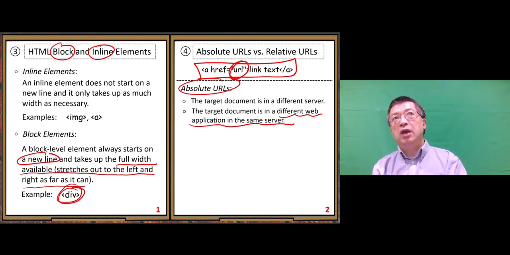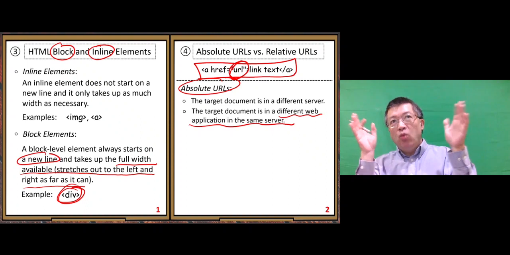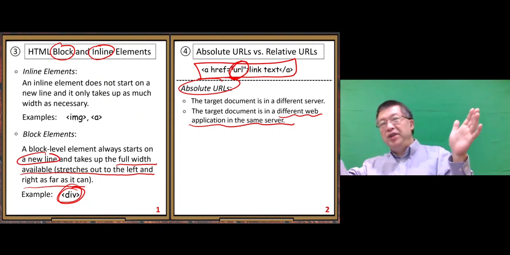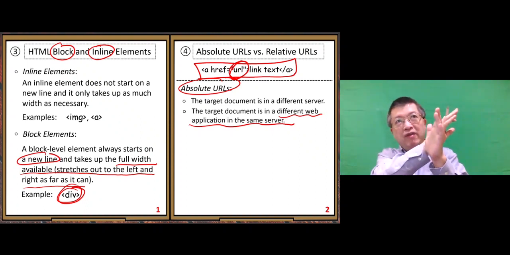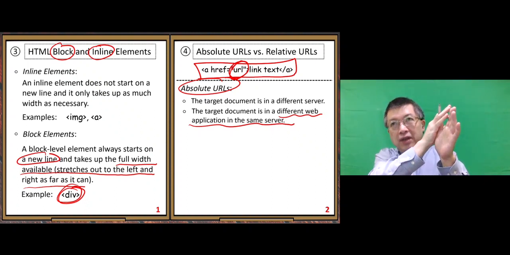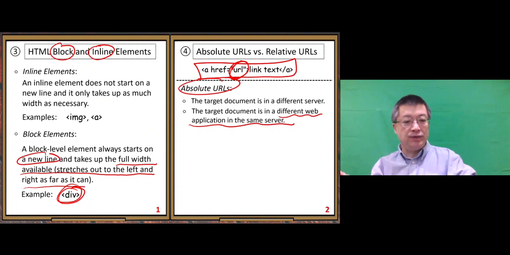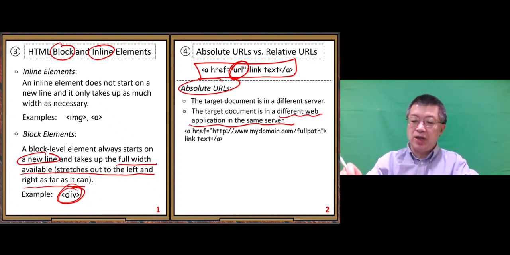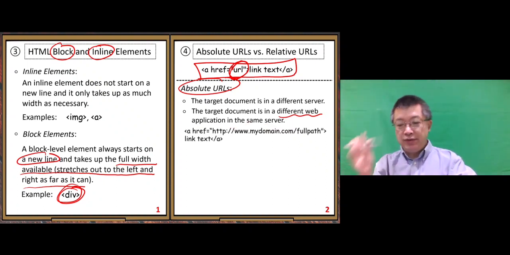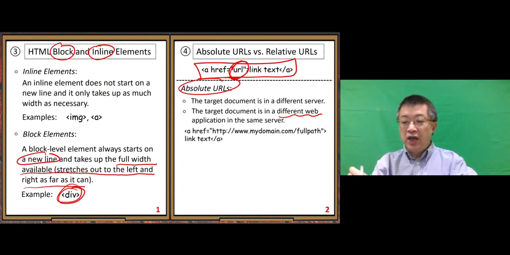So what is the absolute? The one from beginning to end. We need to provide the detailed path from beginning to end. That's the absolute. Let's see this example. When you want to point to some resource, you start with a domain name, the server location.